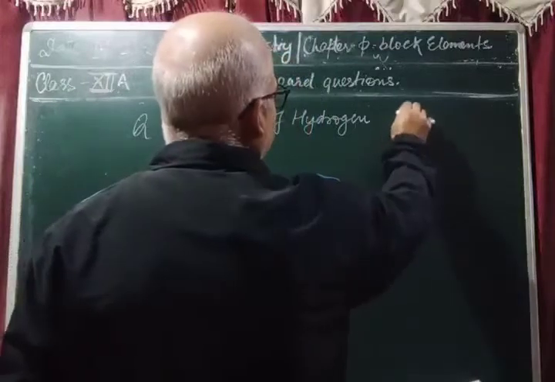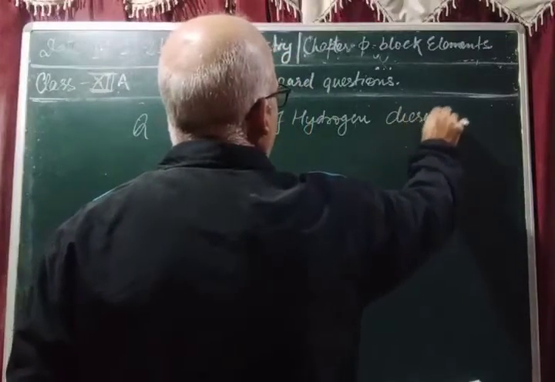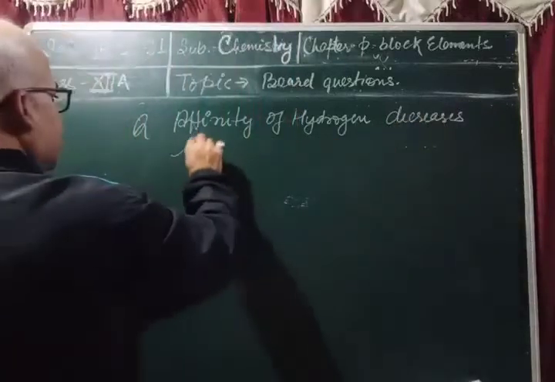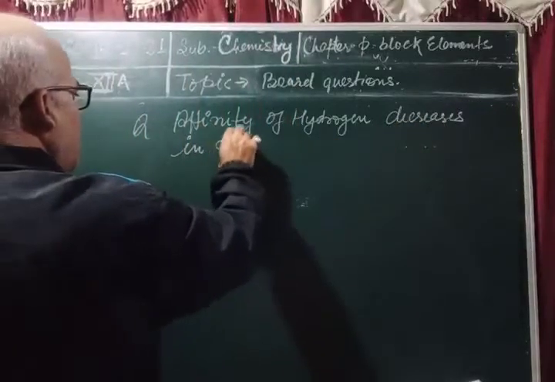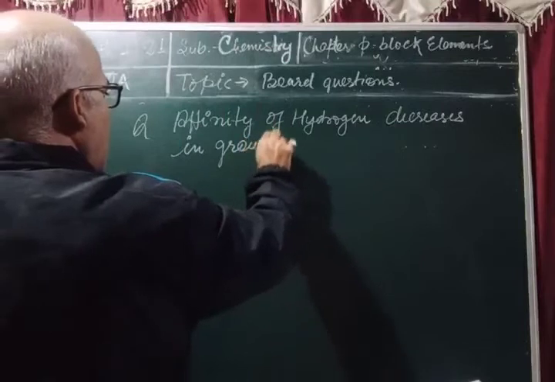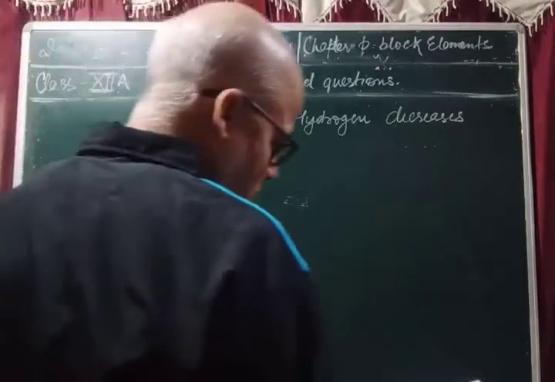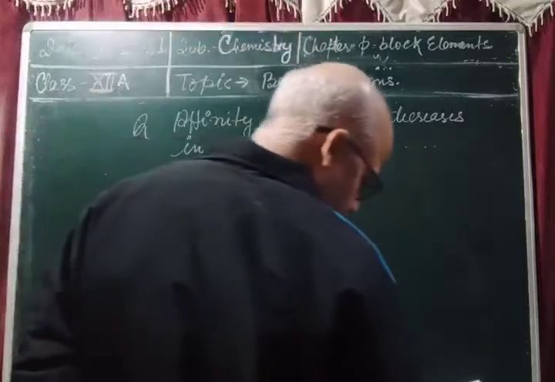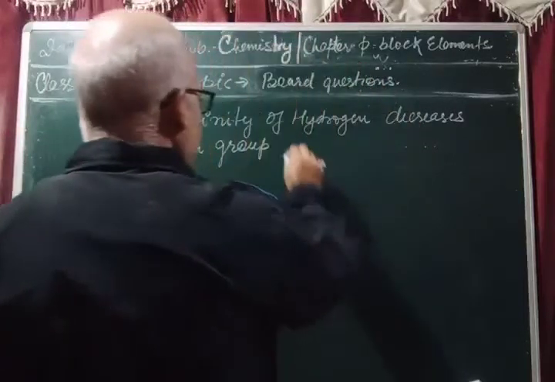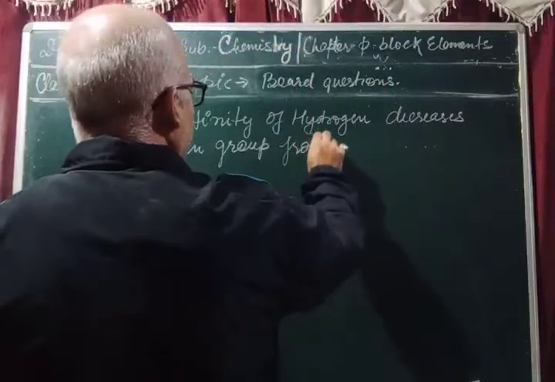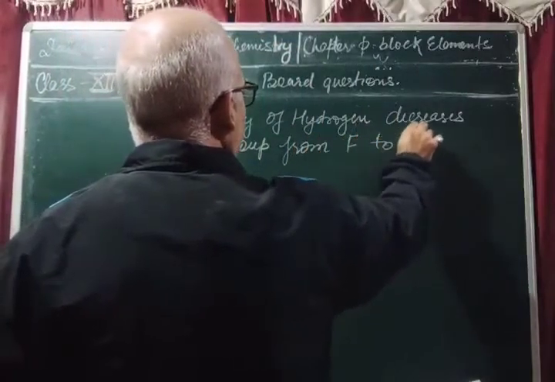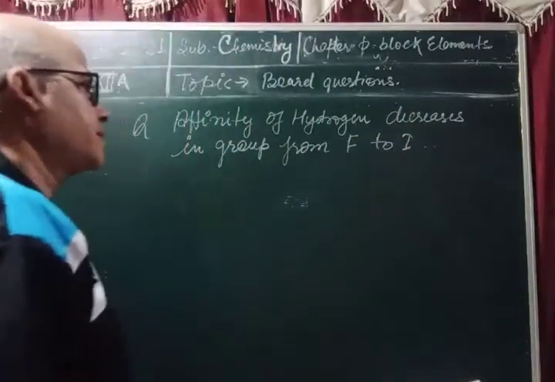decreases in group from fluorine to iodine.